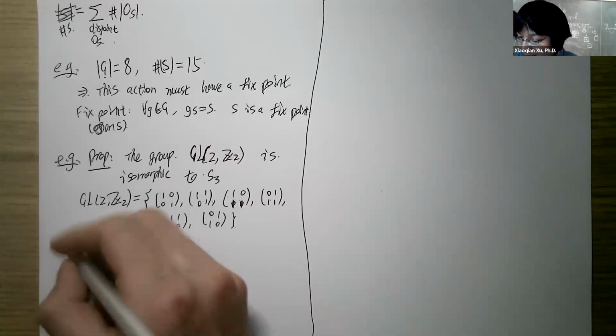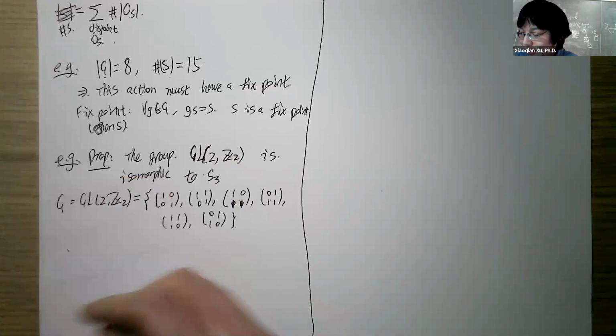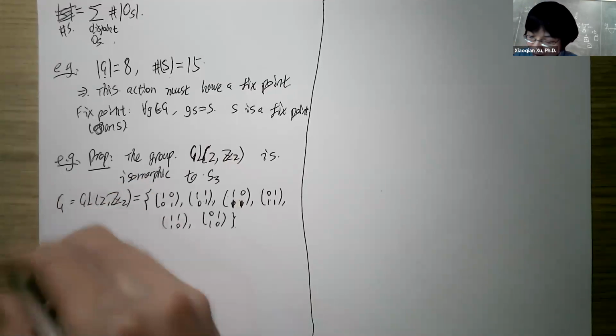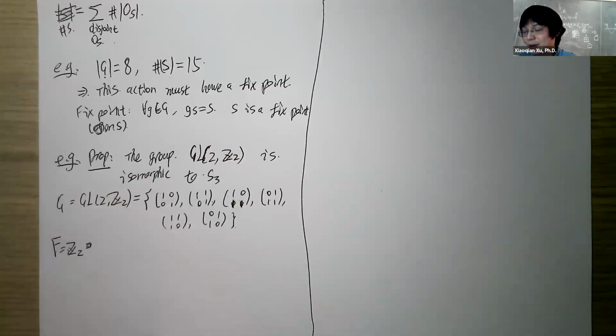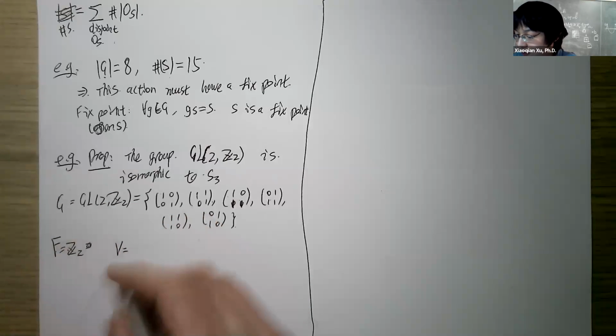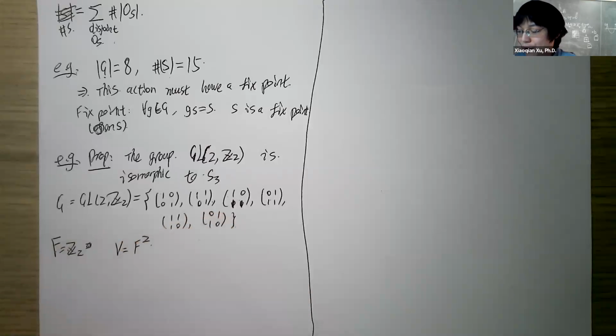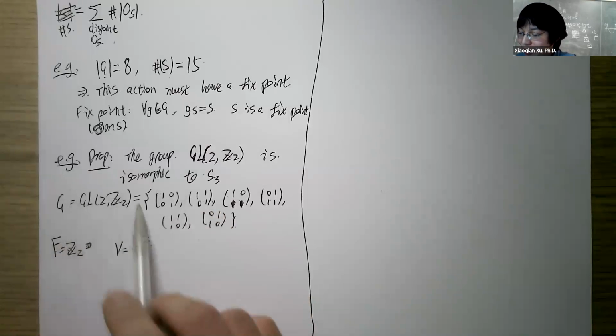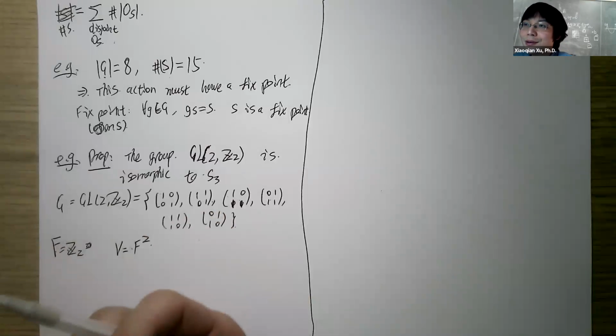Here, let's call this group G for simplicity, and let's call this Z2 F, okay? And then we can call this V to be F squared. Well, you may think about this kind of space, which is like R2, so that you can use an element of GL2(Z2) acting on this R2.